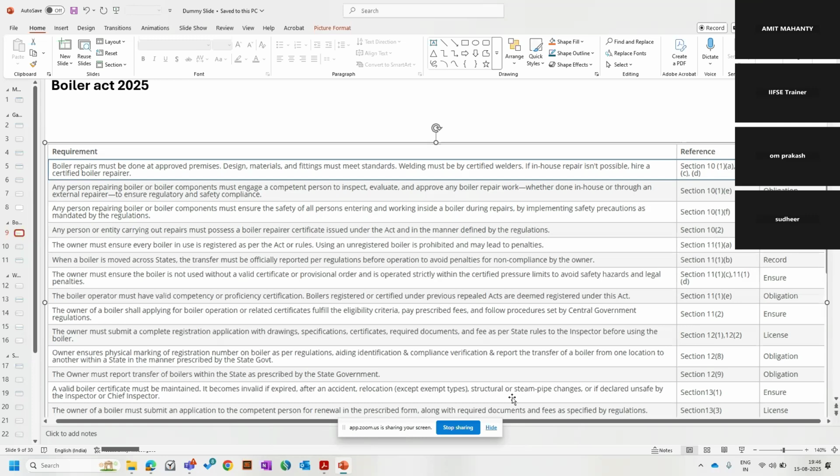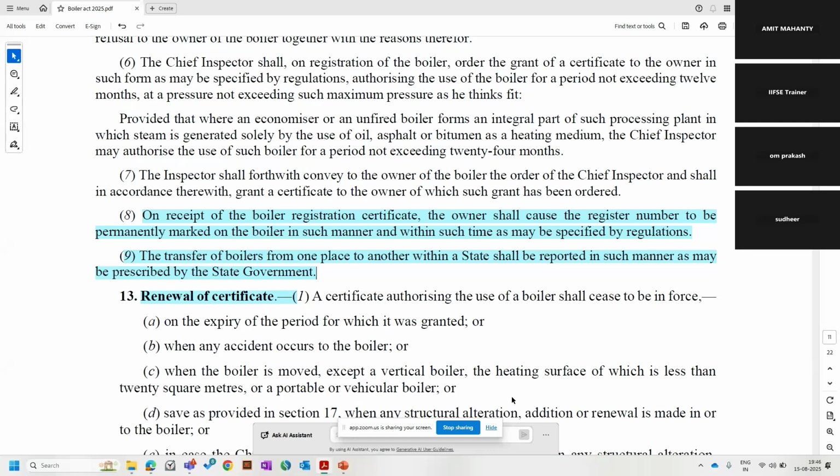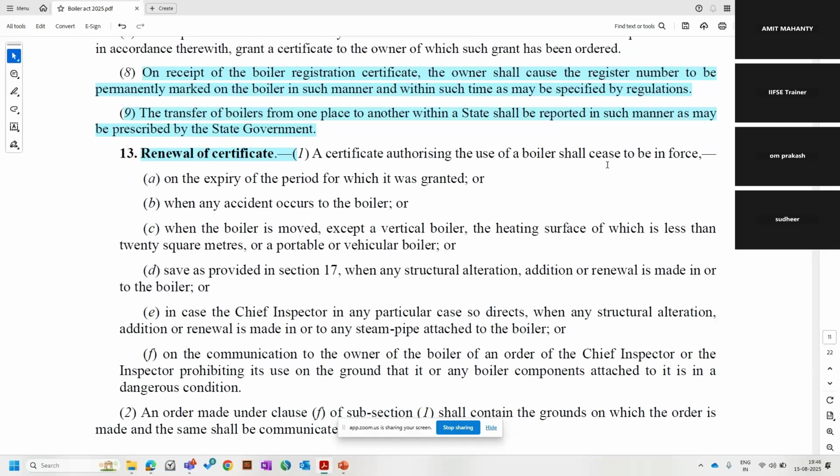So it becomes invalid. One is renewal of certificate. So the certificate authorizing use of the boiler shall cease to be in force on expiry of the period for which it was granted.